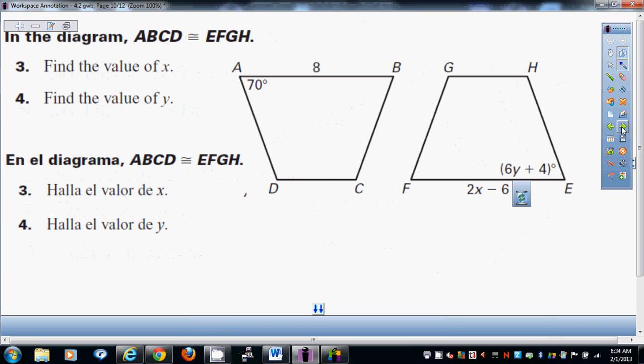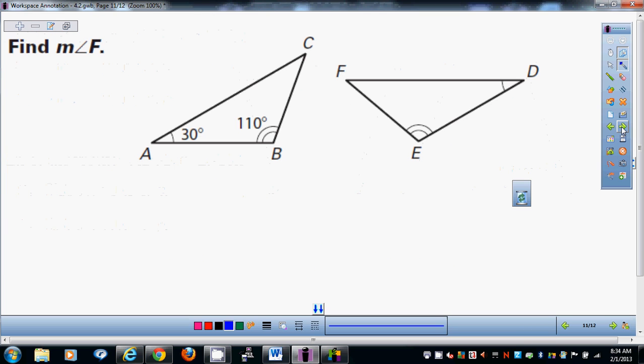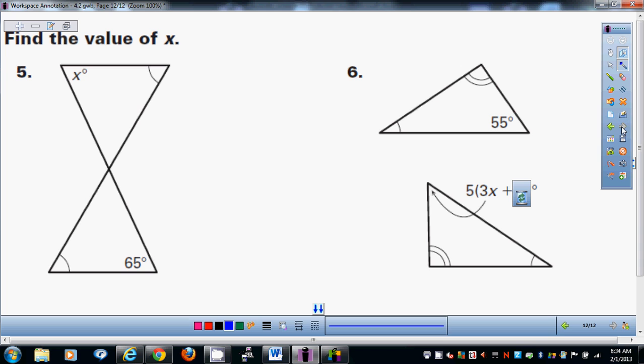Number 5. Now this, they don't tell you a congruent statement. You have to figure some things out. How do we know which angle is congruent to x on number 5? It only tells us that one of the angles is congruent. How can we assume another angle? Very good.